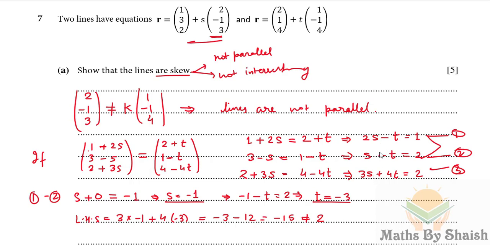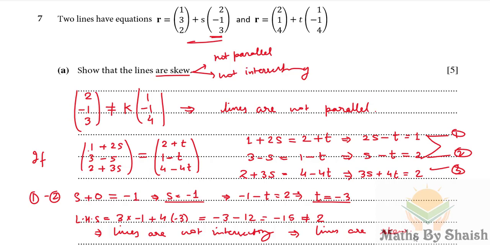It means there does not exist any s and t which satisfy all the equations. It means the lines are not intersecting, which means the lines are skew. So that is how we prove it. I hope it is clear.